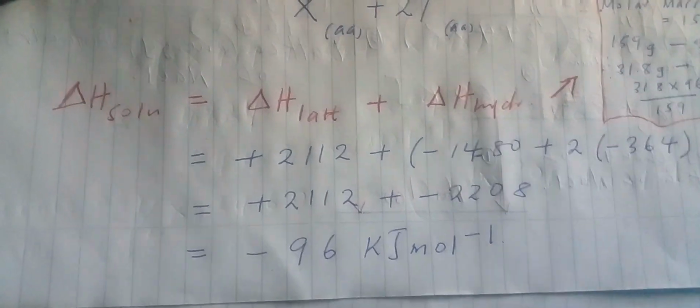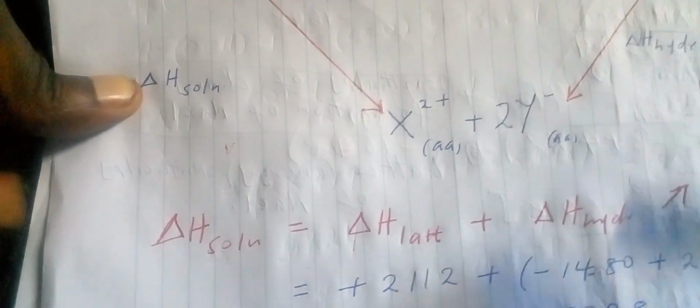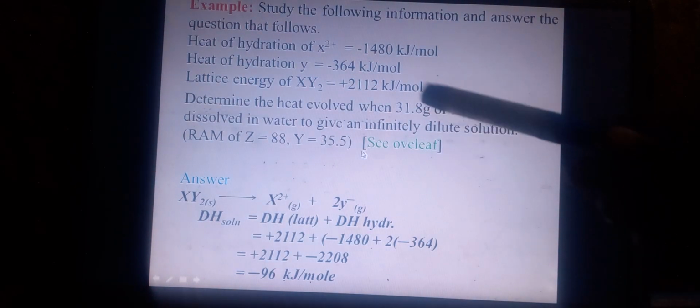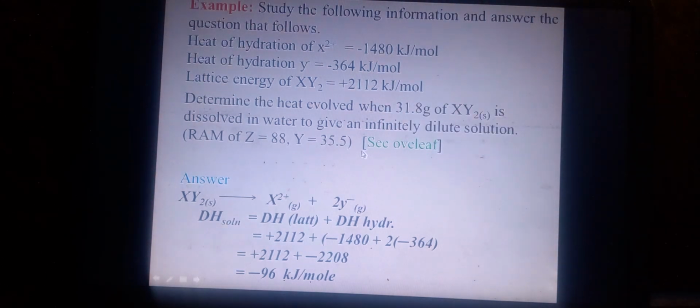So that means when you dissolve 1 mole of that ionic compound in water, this amount of heat is given out. But now, remember from the question, they dissolved that 1.8 grams. So they want the amount of heat which is given out when that 1.8 grams were dissolved. So that means you proceed and get the molar mass of that compound. So the molar mass, you can see they have worked out to be 159.